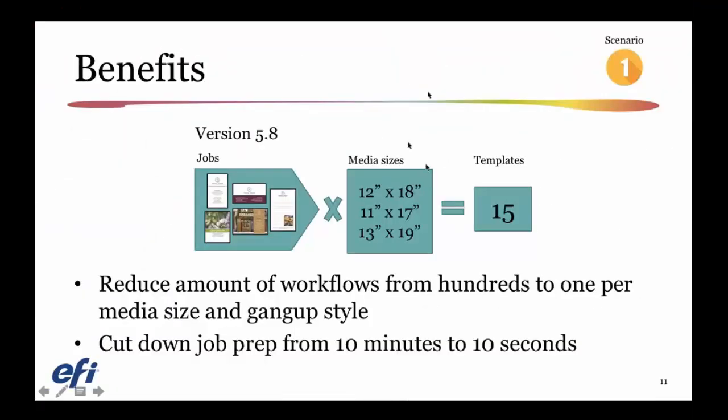So I have an illustration here. Using 5.8 or an earlier version, say in this case you have 5 different job sizes, and in your shop you usually use 3 different media sizes, so just in case one stock runs out, you can switch to another one.